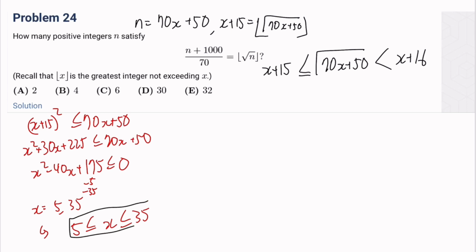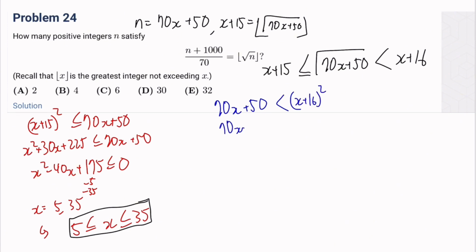So this is our first restriction. And for this one, we can say 70x plus 50 is less than x plus 16 squared.